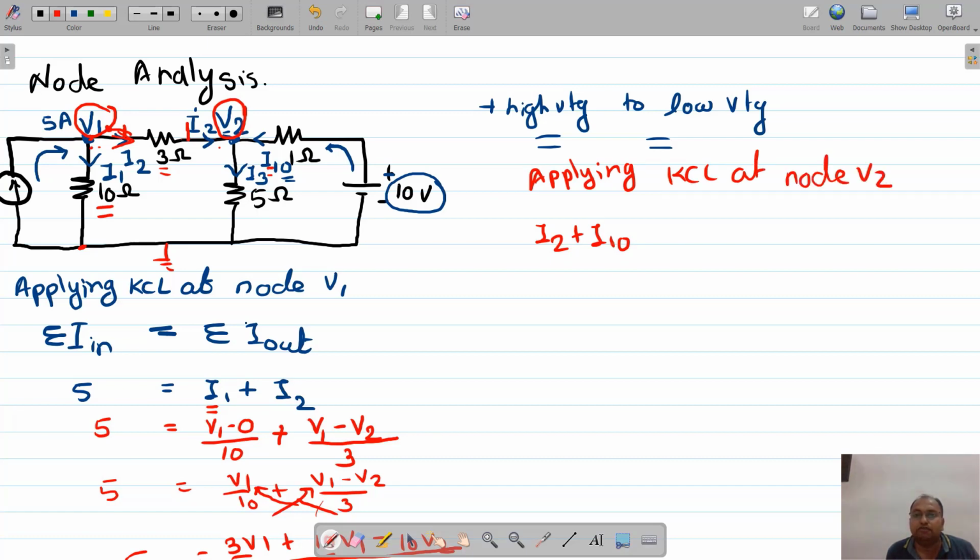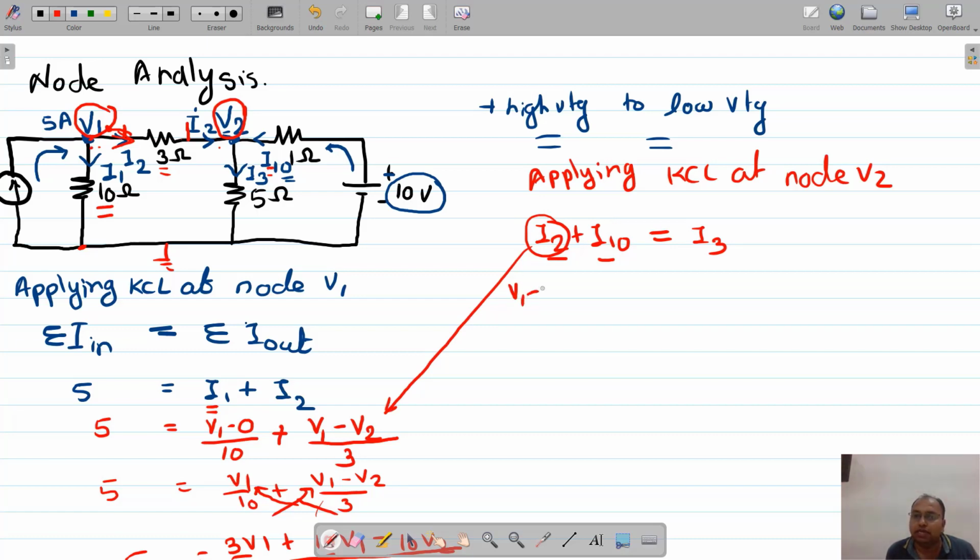Is that fine? So therefore, the sum of incoming currents is nothing but I2 and I10, and the outgoing current is nothing but I3. We have already found out I2, right? We have already found out I2, so recall this I2. Is that fine? So you just take it as it is.